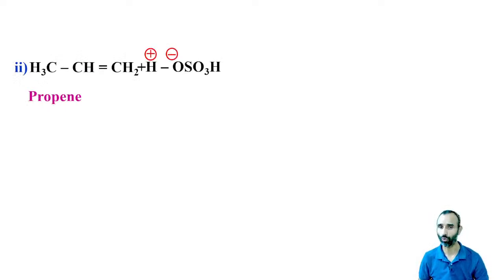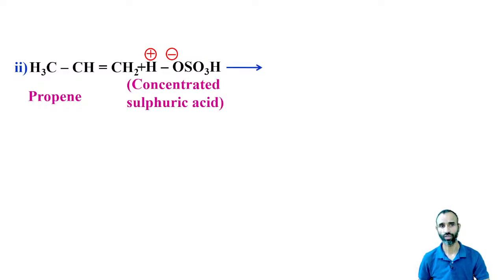If we have propene now, see, propene is an unsymmetrical alkene. So in this unsymmetrical alkene, if H plus and OSO3H negative attack, first of all we apply Markovnikov's rule. So what is Markovnikov's rule?